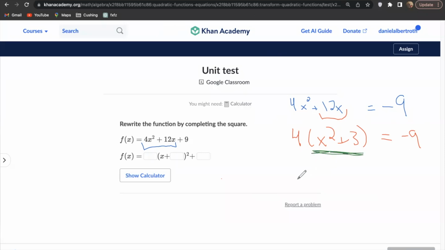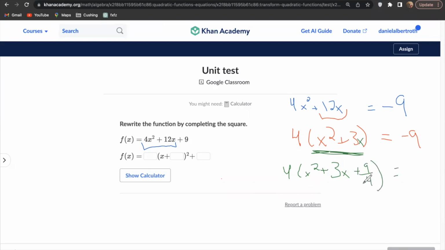And hopefully this all works out well. So within the parentheses, it's going to be x squared plus 3x. The x is still there. And half of 3 is 3 over 2. 3 over 2 squared is 9 over 4, plus 9 over 4.